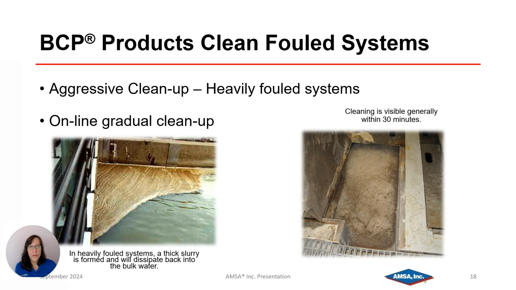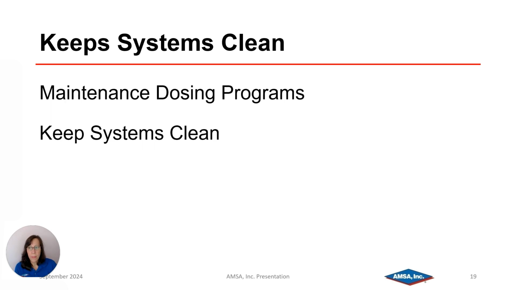I am not going to focus on how AMSA products clean a cooling water system. Today, I'm going to talk more about how, when you use AMSA products in a regular maintenance program, you can keep cooling water systems clean.